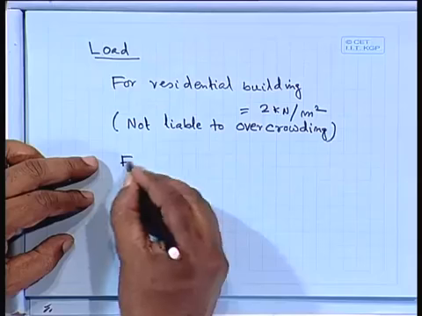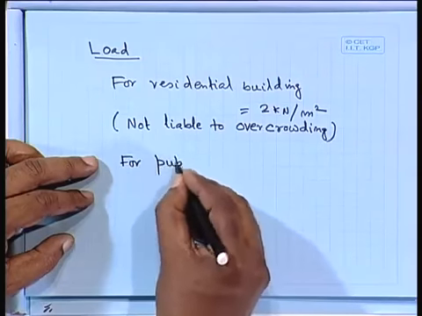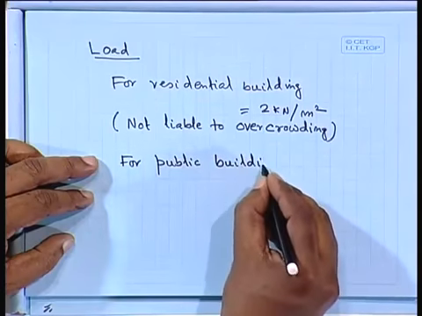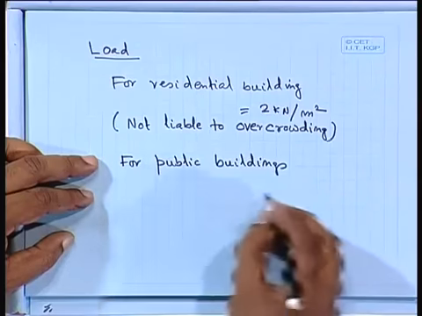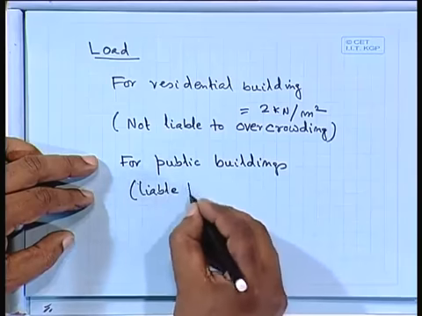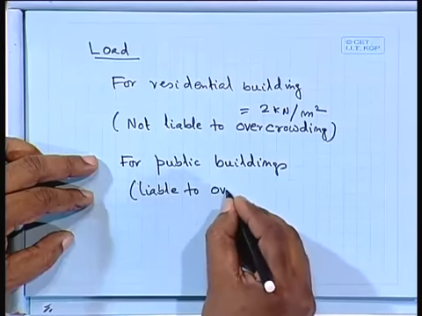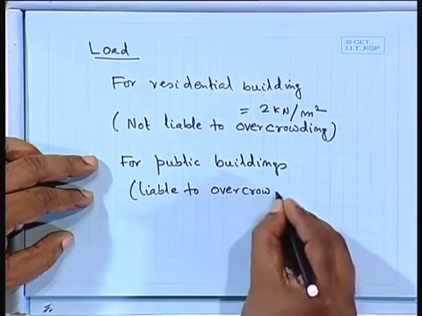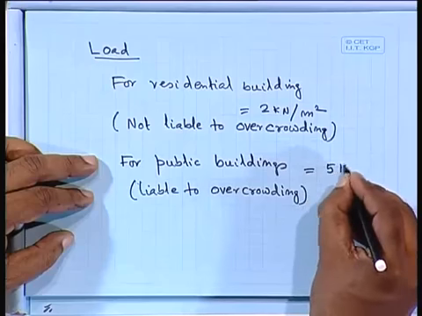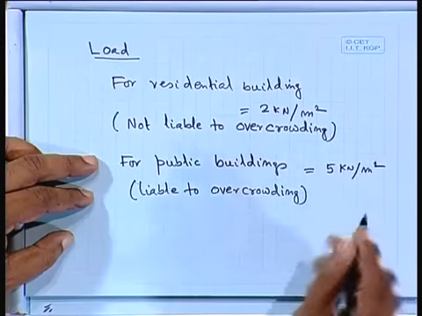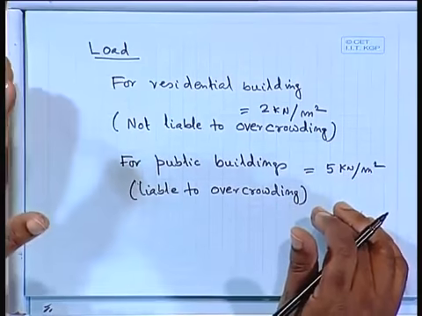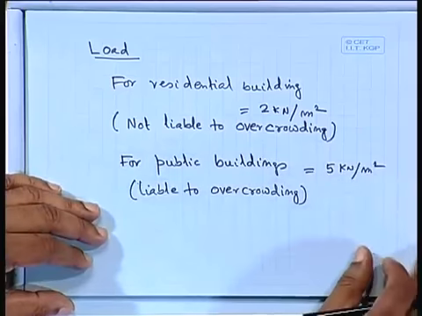So for public buildings, it means liable to overcrowding, and we take it as 5 kilonewton per square meter. So this is your live load. So we have to calculate the dead load, and then we have to calculate the live load.